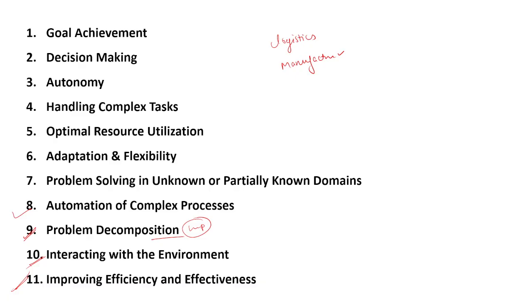So if our plan is good, if we already know about our goal, if we already know about the middle path to reach our goal, to reach our destination, then definitely the work becomes very easy, right? So planning system always improves the efficiency and effectiveness of the system.